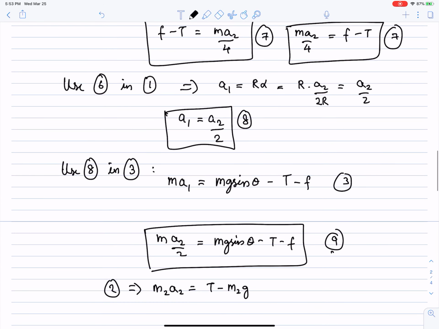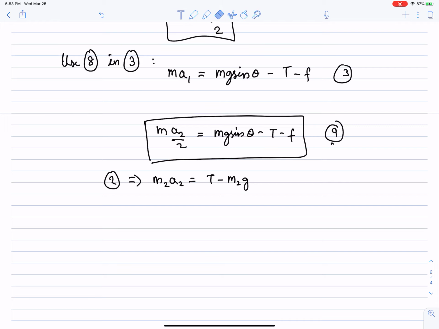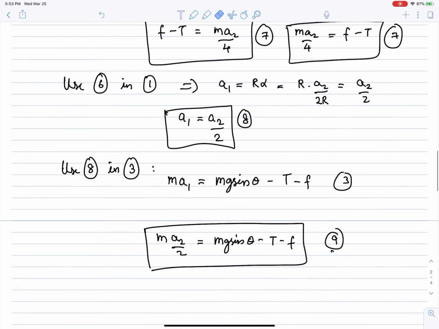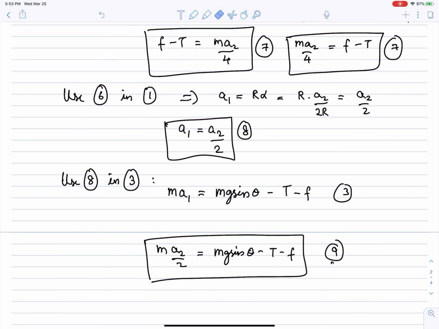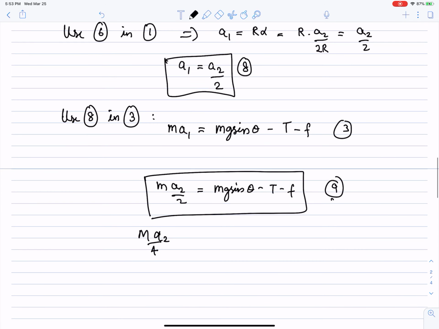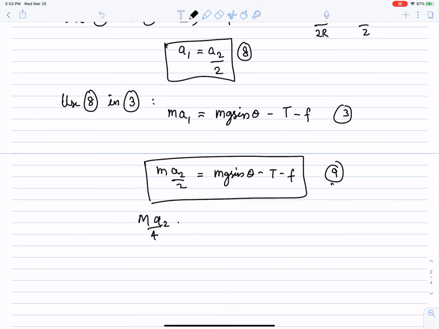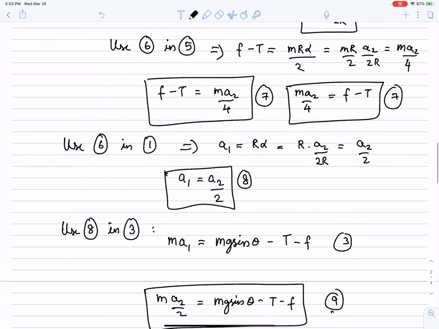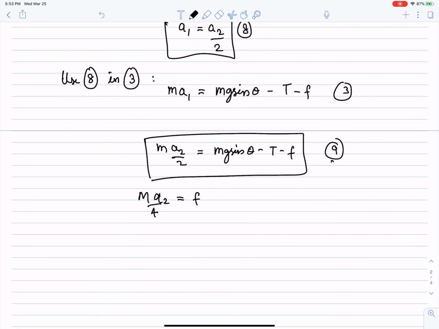So equation 7, let me erase equation 2 for now as well from here. Equation 7 is going to be ma2 over 4 equals f minus t. That's equation 7.